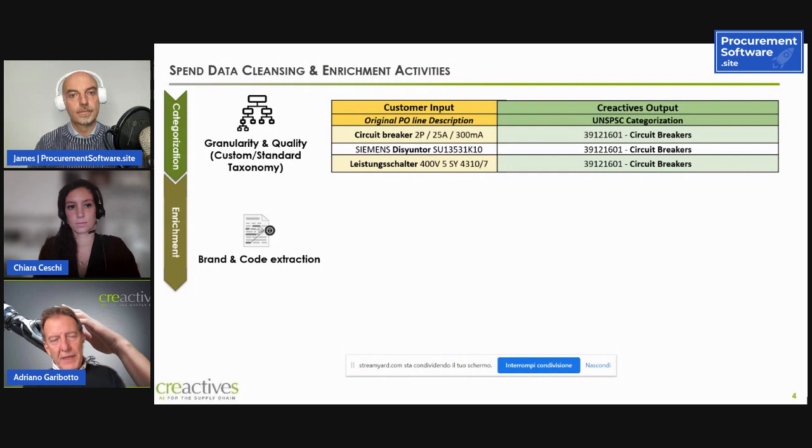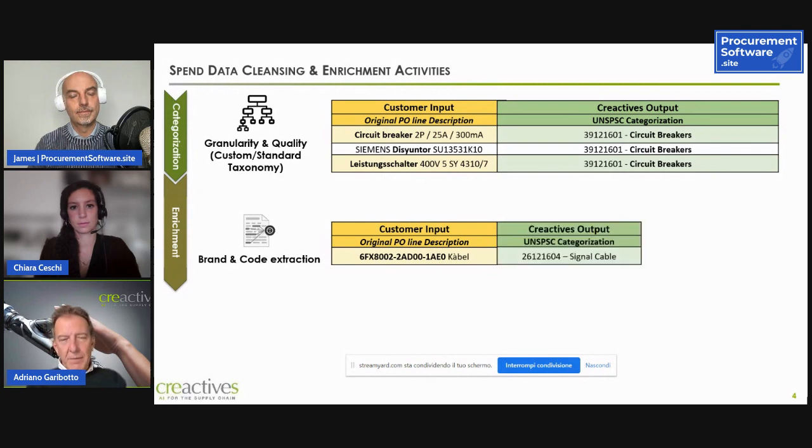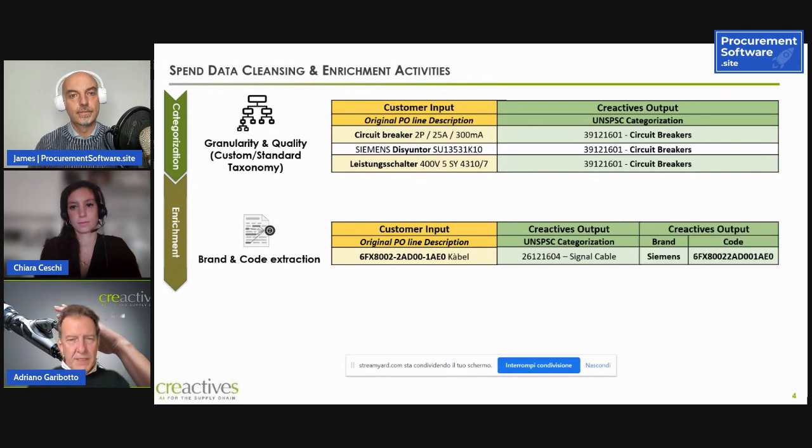So, for example, we can extract the brand and the code of the producer, even if this description that you see here seems to be very, very cryptic. Only an expert of the domain can understand. The artificial intelligence does the same and can tell you that this is a signal cable, probably UNSPSC, but more, can tell you that it is a Siemens kind of signal cable.